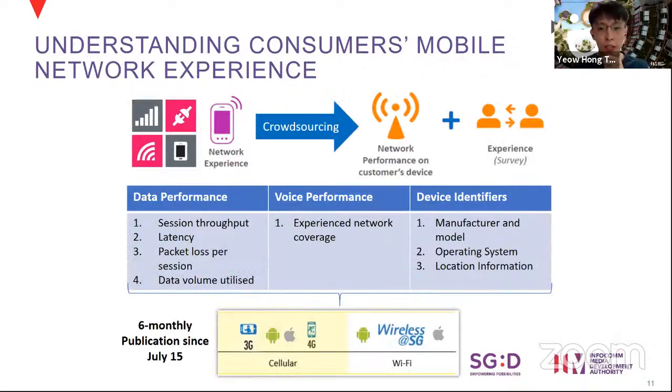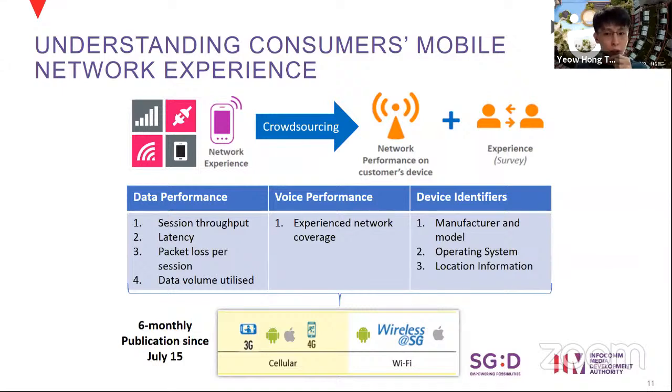The app collects data, voice, and even device parameters, which allows IMDA to further analyze this information. Some of this information includes the session throughput, the latency, packet loss, the amount of data used, signal strength, the handset brands and models, the operating system, and the GPS location of the data point that is being collected.